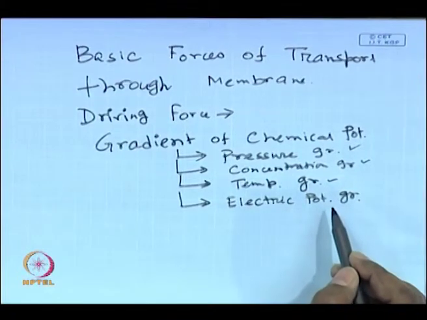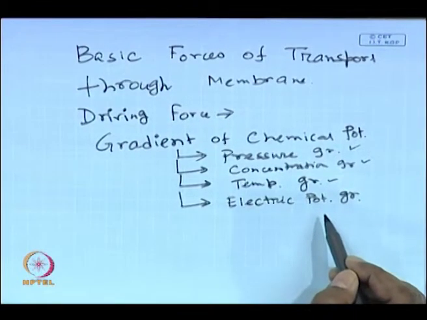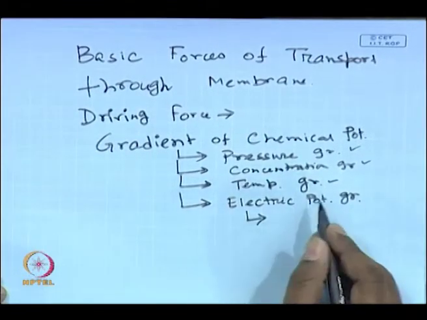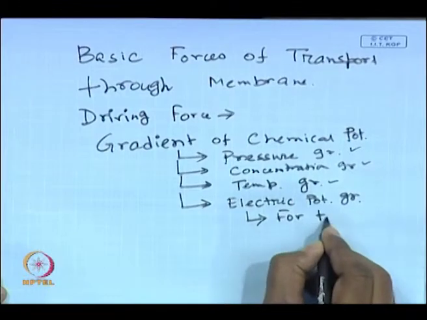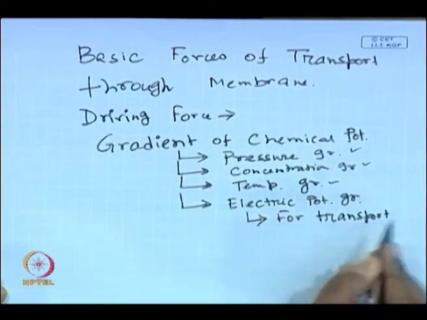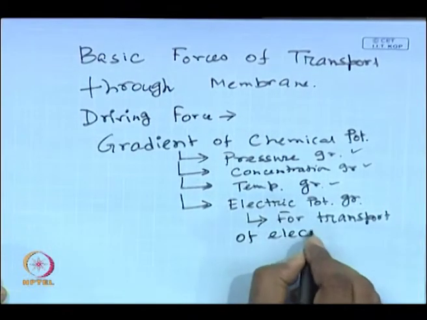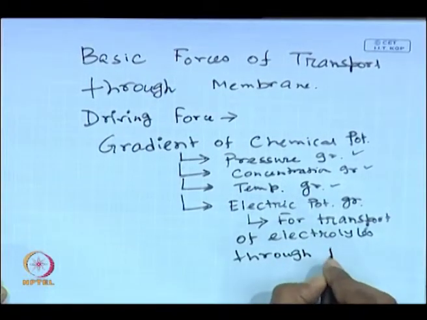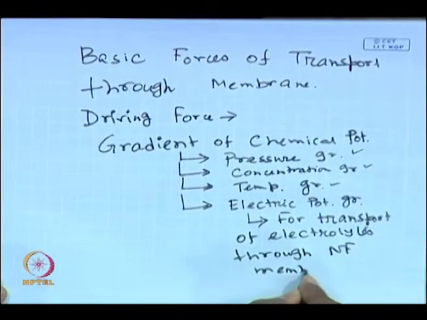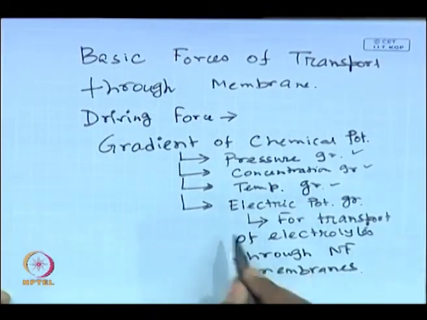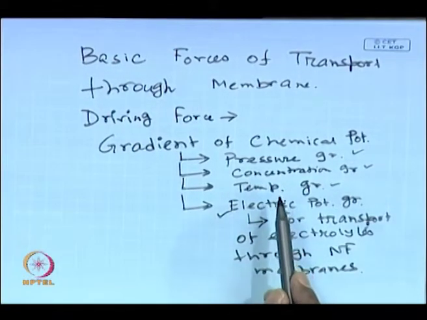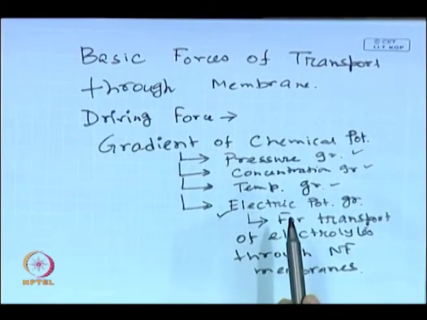But if you have a charged species, for example, the transport of a salt, which is an electrolyte, through a nanofiltration membrane, then the electric potential gradient becomes very important. Otherwise, there will be three components: pressure, concentration and temperature. All these three constitute the chemical potential gradient.